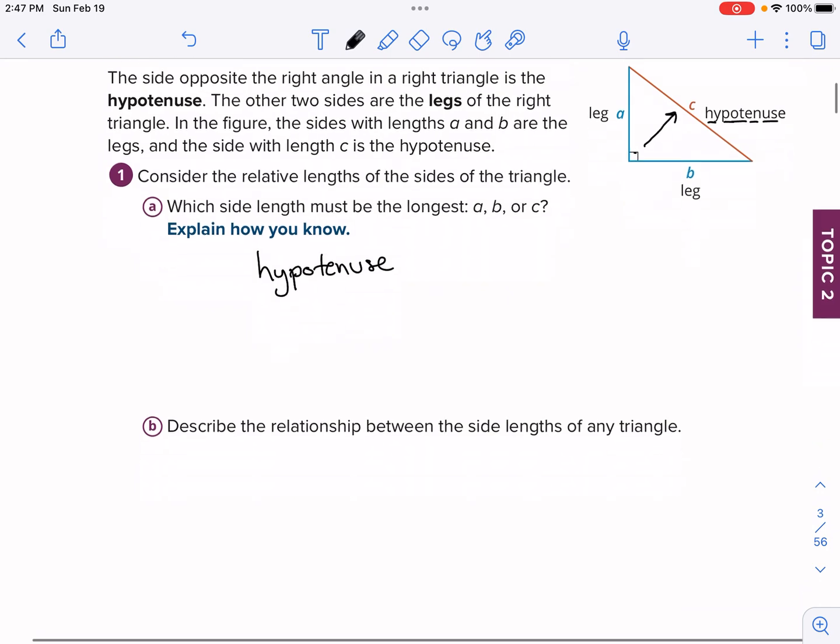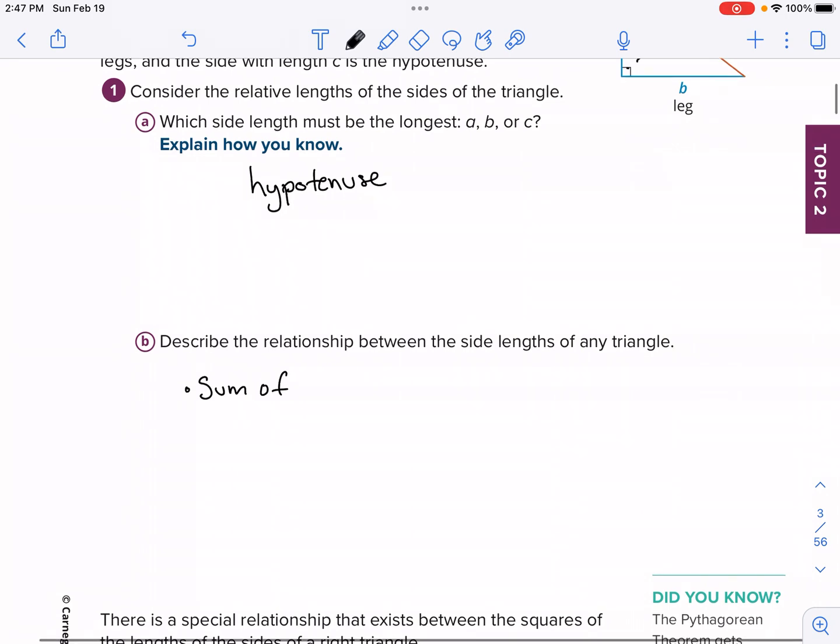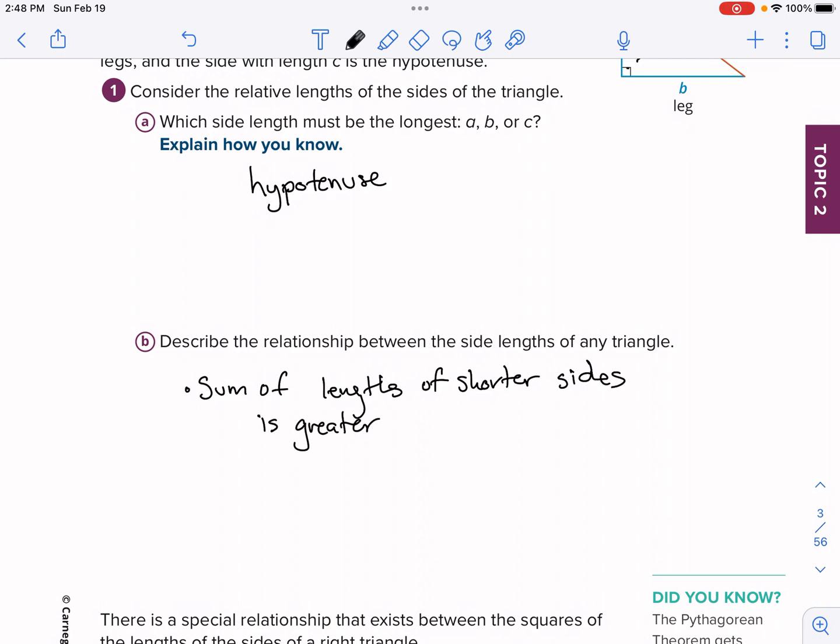Right, we already said that the sum of the lengths of the two shorter sides, so not talking about the squares, but if you were to add them, is greater than the longest side, the hypotenuse.